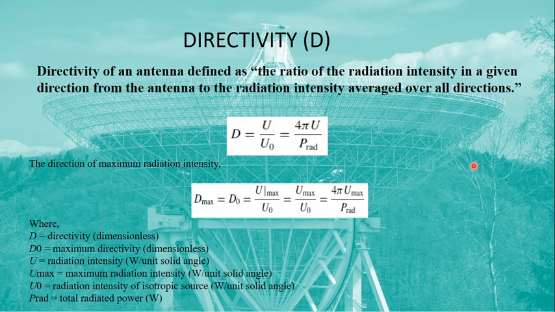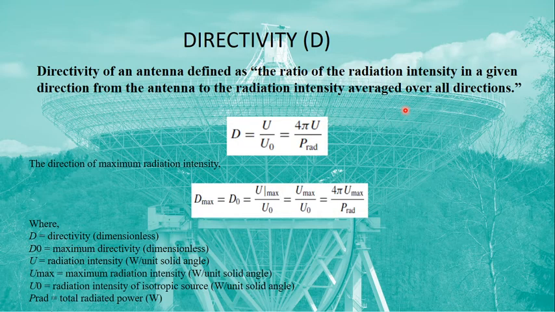For example, take satellite signals: the antenna at the back is a satellite antenna. It will be highly directional in nature because we know from where the signal is coming. Such antennas have a very high directivity.